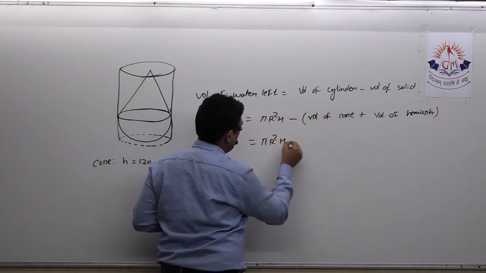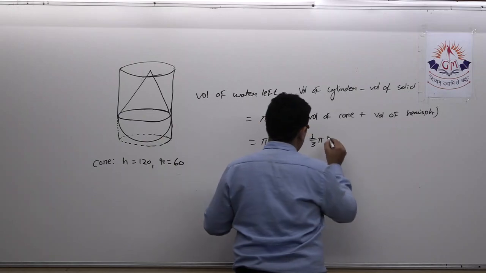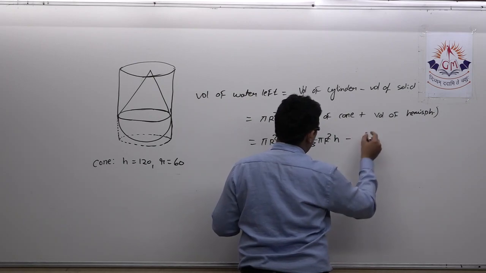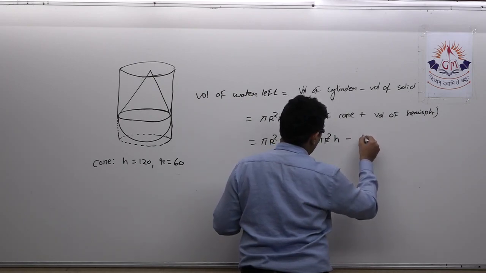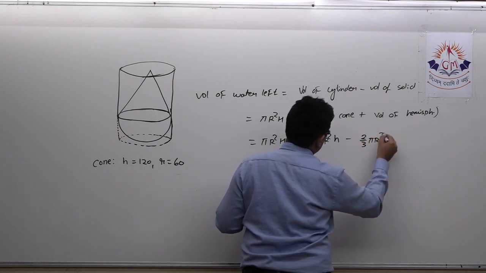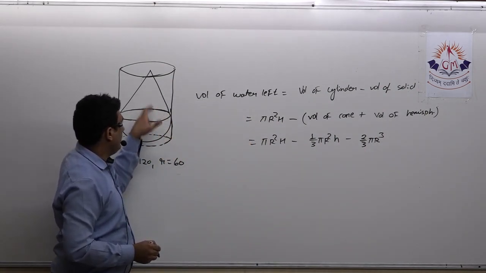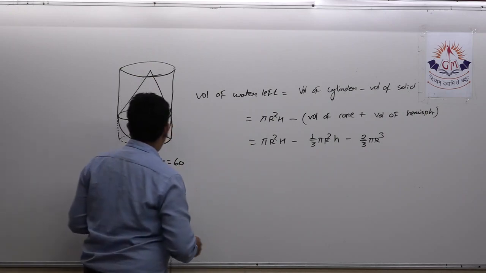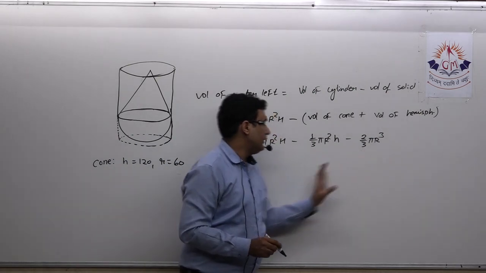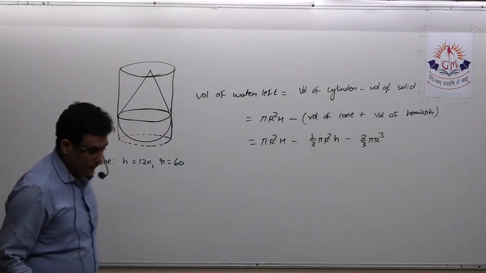Pi r square h minus volume of cone, 1 by 3 pi r square h, r is the same, here I am using small h, and volume of hemisphere, that is 2 by 3 pi r cube. The radius is the same for the cone, the hemisphere as well as the cylinder. Height of the cylinder is given, height of the cone is given, and that's it. By keeping the values of r and h, definitely you will be able to get the final answer.